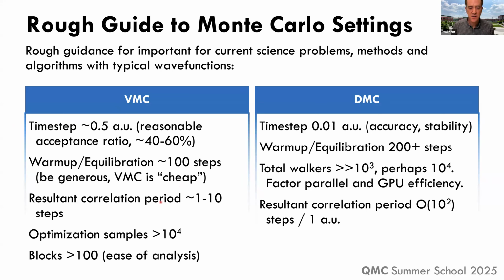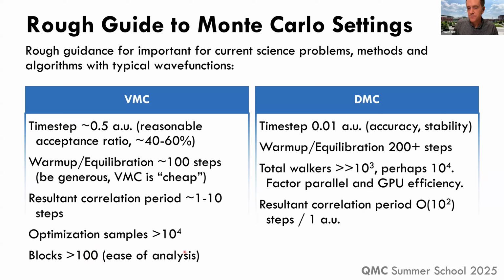We'll be talking about statistical analysis in the next session, but one thing to note here, which is going to be a contrast with diffusion Monte Carlo, is that the correlation period, the number of steps we have to move to get truly independent measurements of particular properties, is quite short in Variational Monte Carlo, maybe only a couple of steps. How many optimization samples to use? I like to start at 10,000 and perhaps grow from there, although I see in the literature many people start with a few thousand.